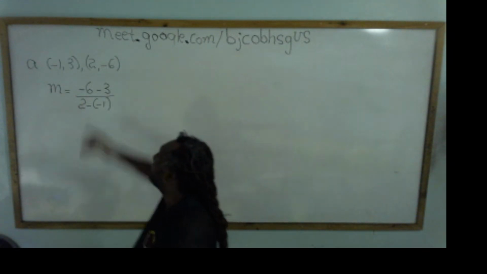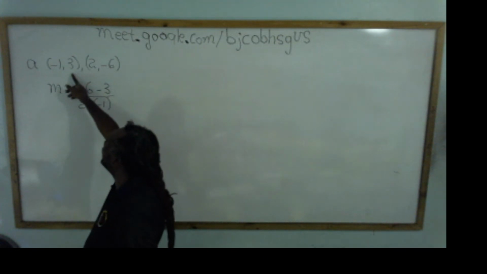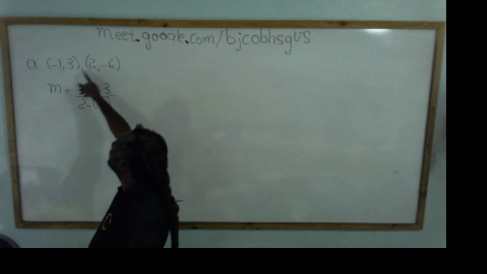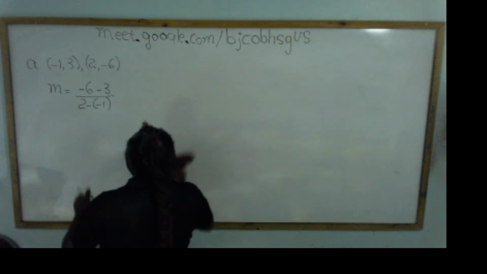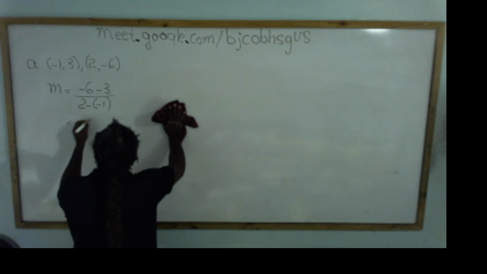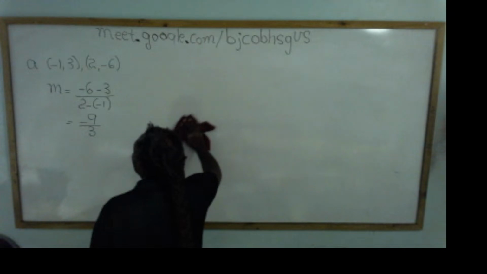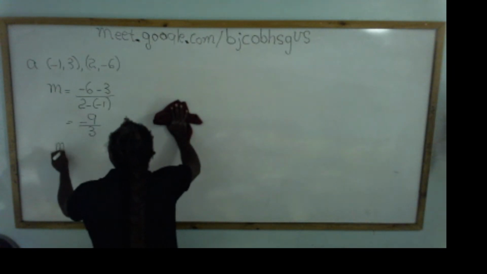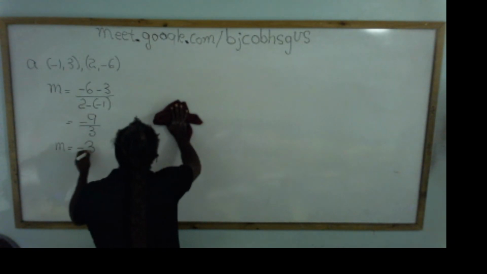So it is y2 minus y1 over x2 minus x1, -9 over 3. So m is equal to -3.